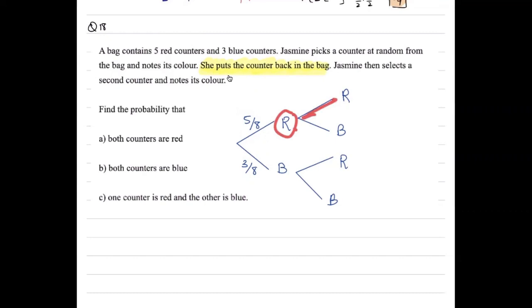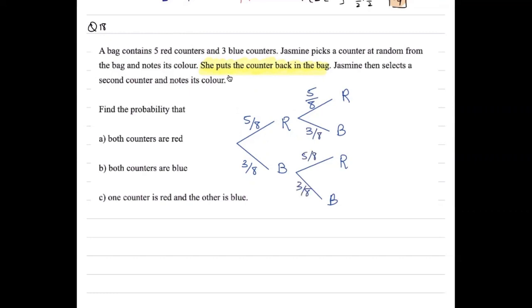Now in the bag, how many counters are there in total? 8. She just notes down the color and puts it back. There are 5 red counters, so the probability is going to be 5 upon 8. Similarly, this is going to be 3 upon 8, 5 upon 8, and 3 upon 8.